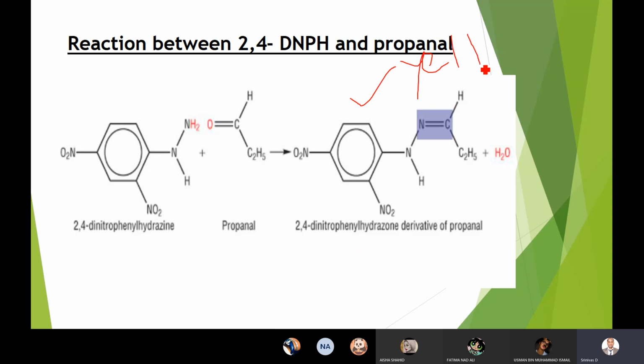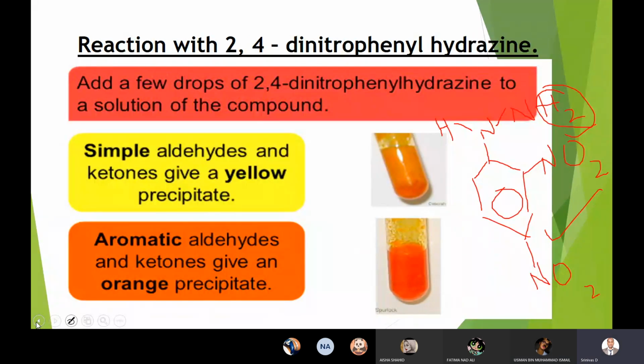2,4-dinitrophenyl hydrazine, or 2,4-DNPH, is a reagent. When you add this reagent, as I've explained, add a few drops of 2,4-DNPH to a solution of the compound.